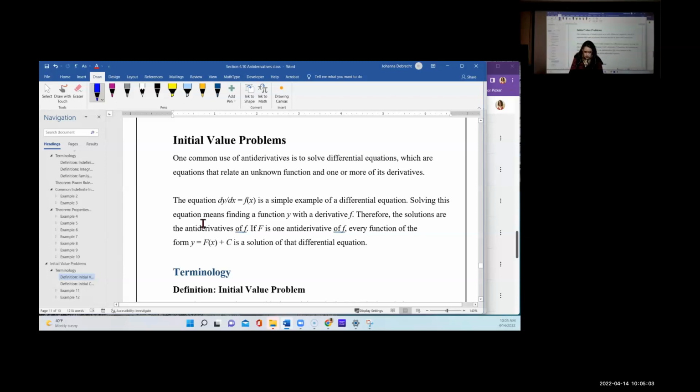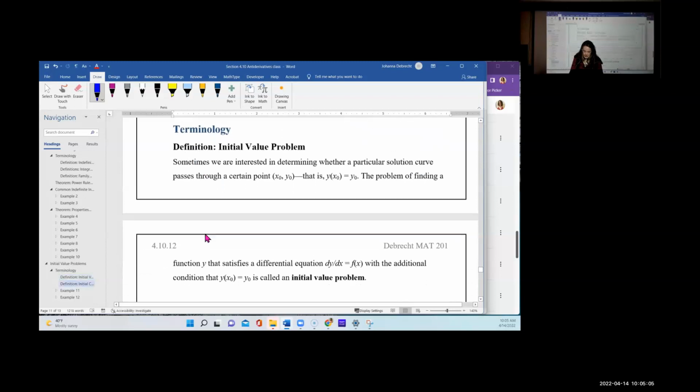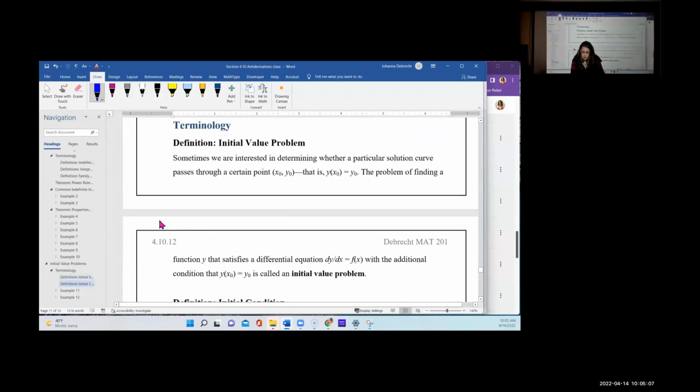So this is a way to actually find out what the true value of that constant is in that particular problem. So when we're looking at these, we'll often talk about a point x naught, y naught, and we'll often call this the initial value. In other words, the value at the first moment in time or the beginning of the problem. And sometimes we write it like this, which looks kind of weird, where y as a function of x is actually equal to some f of x, all right?